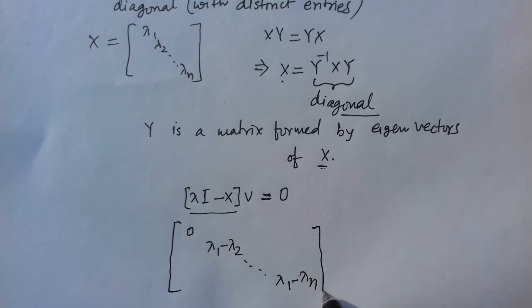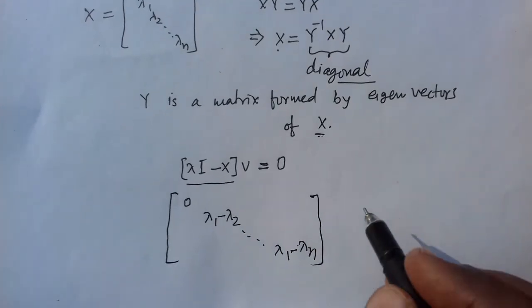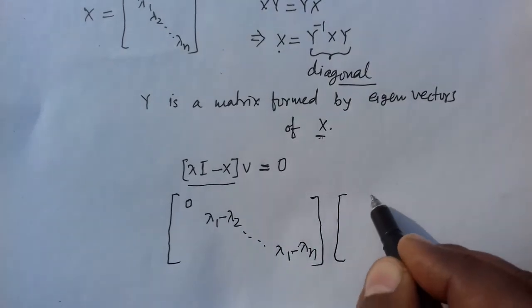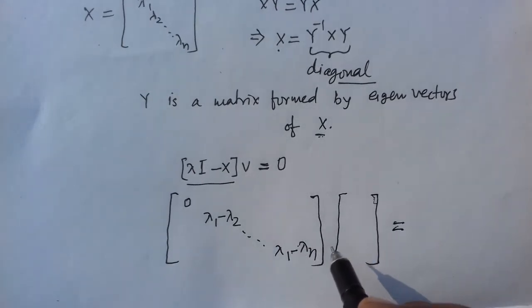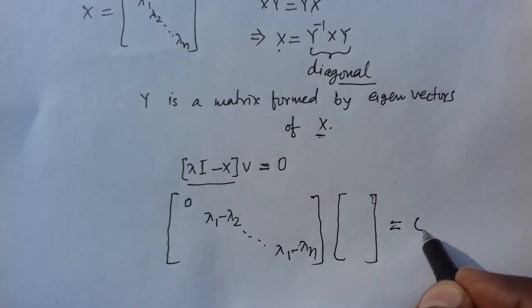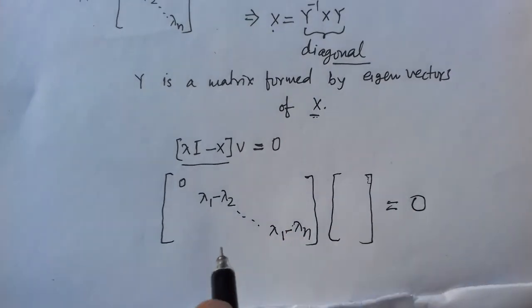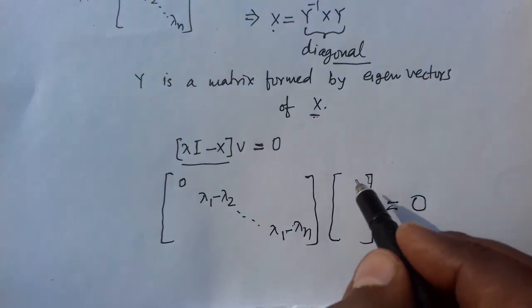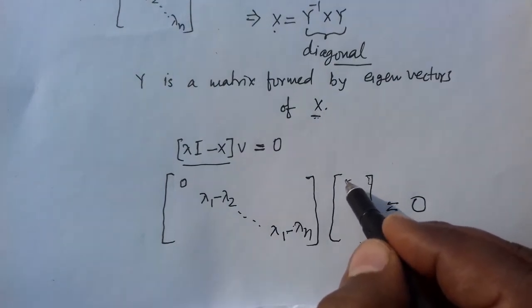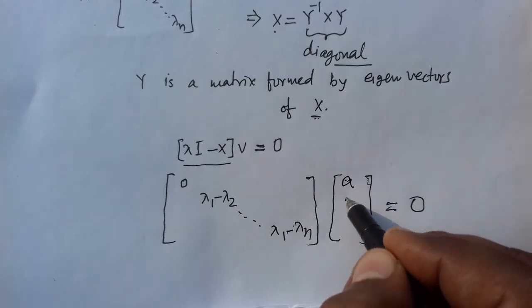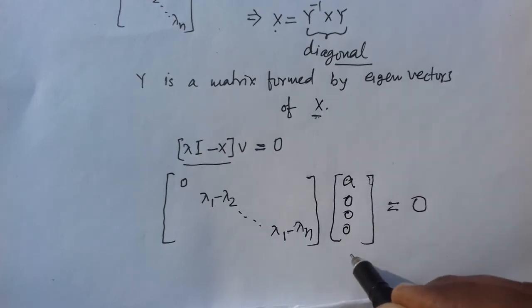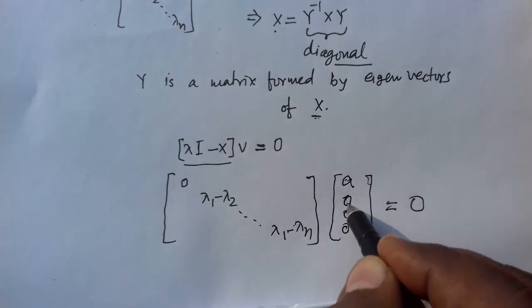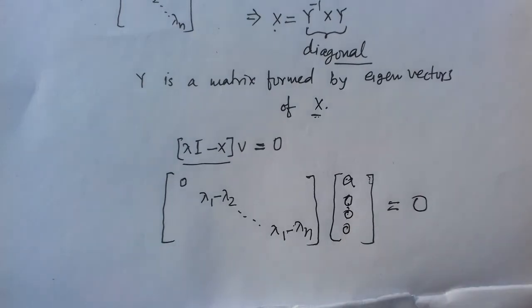This is obviously a diagonal matrix. An eigenvector means you have to take a vector such that the product of these two matrices should be 0. Obviously for this we write a real number, suppose a, and at other places we write 0, up to n entries.